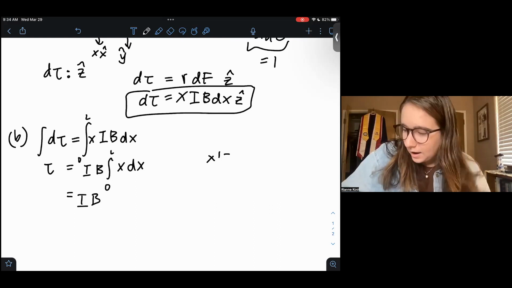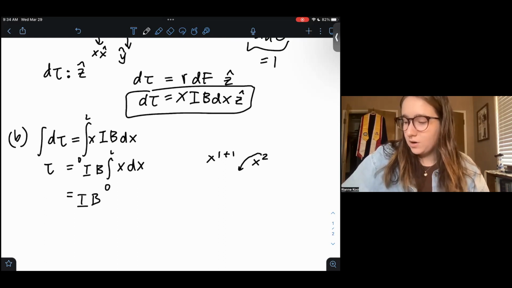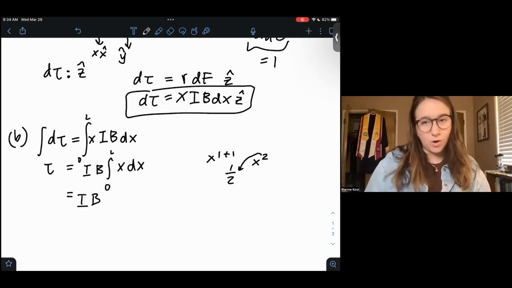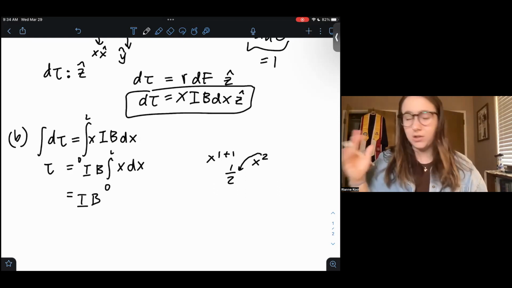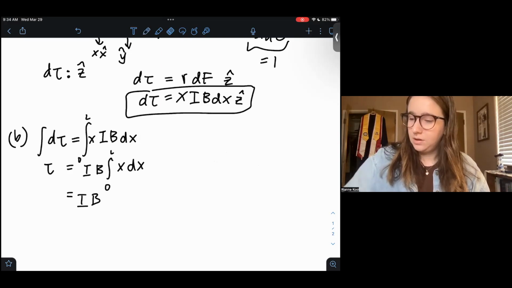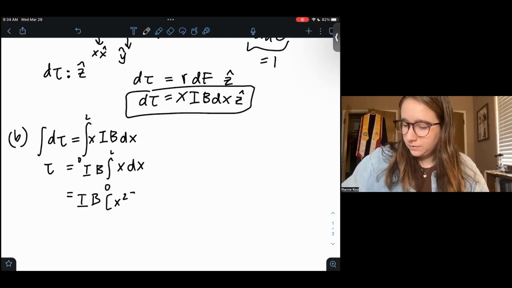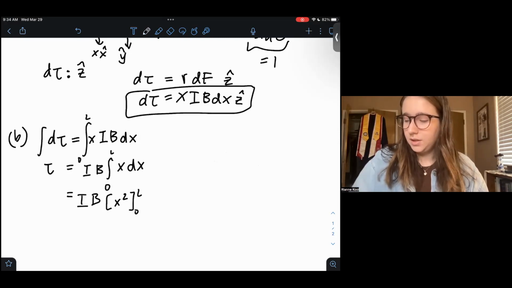We're going to add 1 to it, so we get x squared. And then we put the 2 in the denominator, so that if we took the derivative, we would get x. That's just the power rule, a quick aside. So then we have IB x squared over 2 from 0 to L.